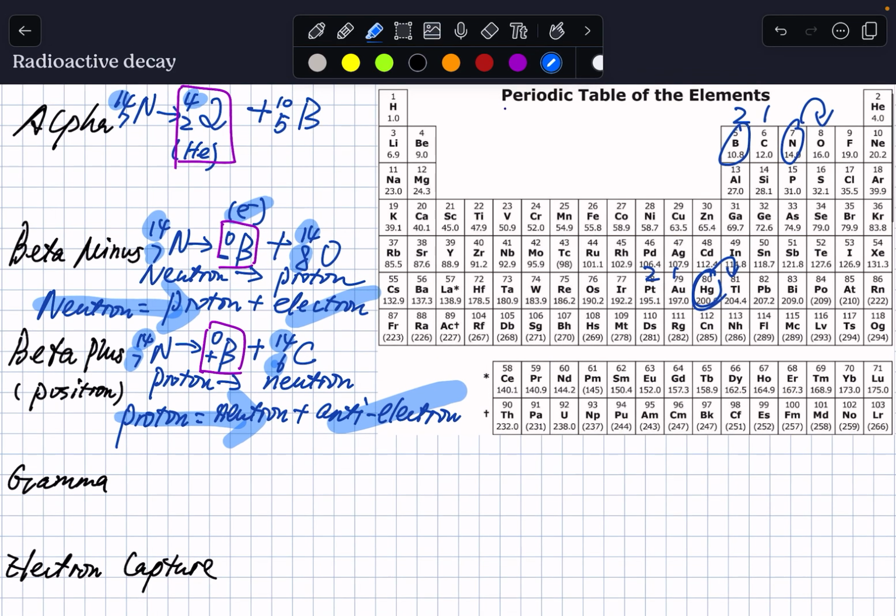All right, that is beta plus, and beta plus has another name called positron decay, okay? So positron is also the name of this anti-electron. You can call it plus beta or anti-electron or positron, it's up to you, but it's the same thing. The particle that carries +1 charge without any atomic mass, okay? So this is beta plus.